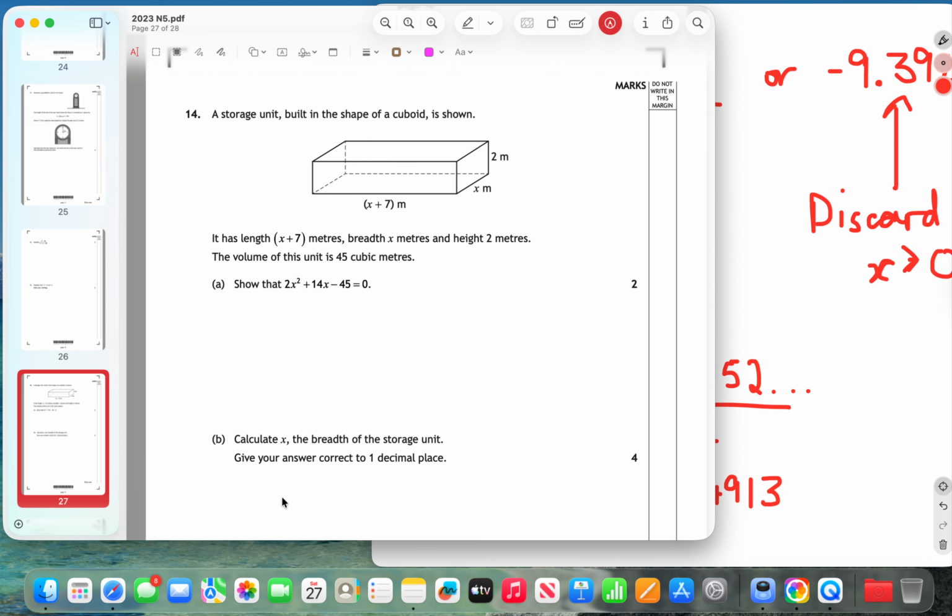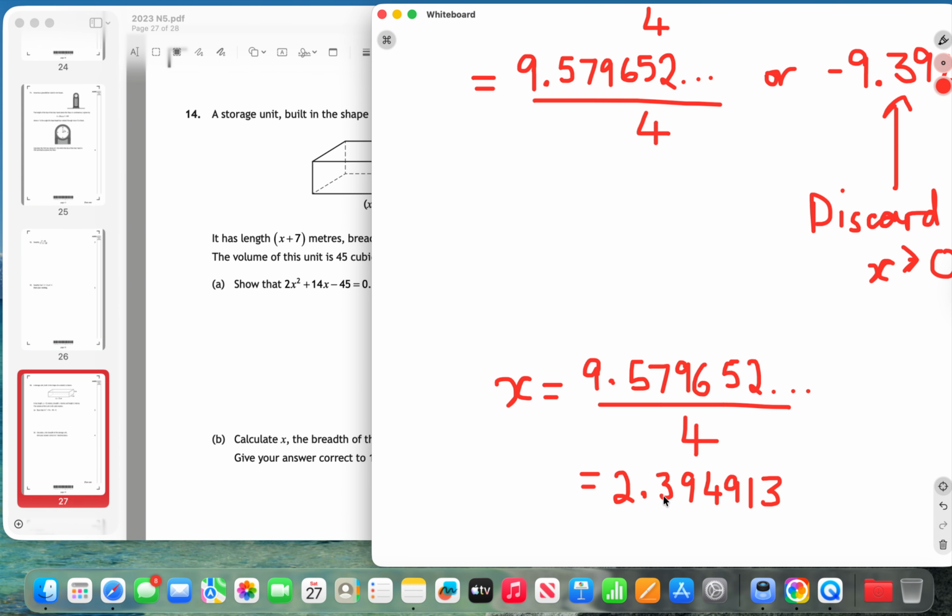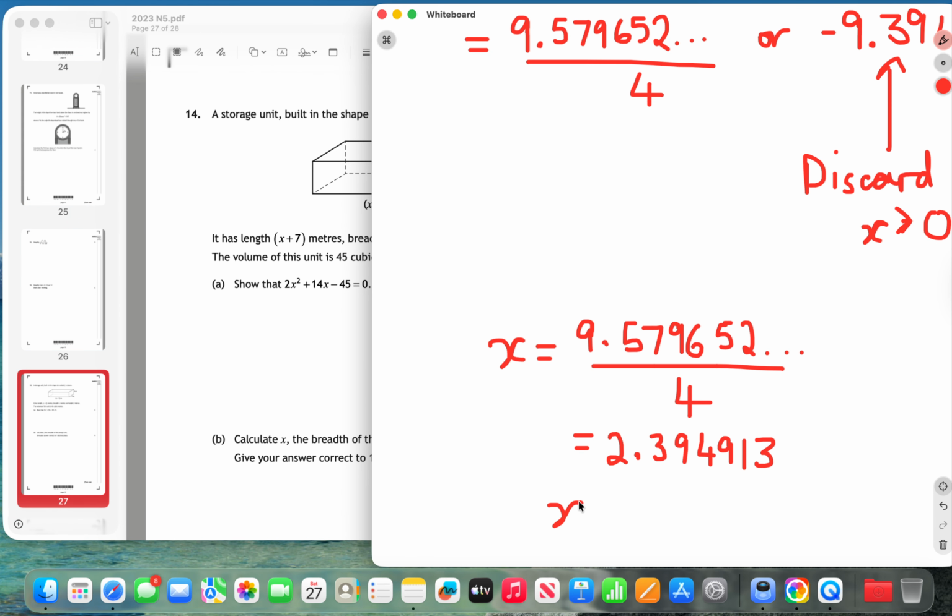But the question asks us to round to one decimal place. So we round this to 2.4. So that's 2.4 to one decimal place.